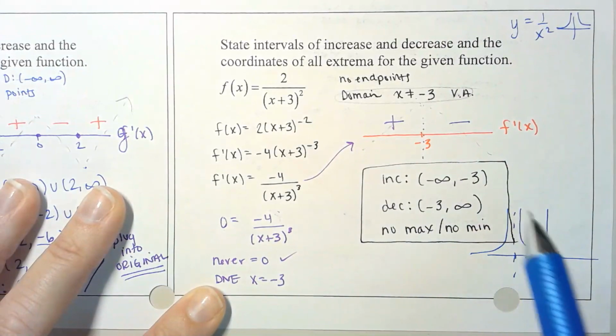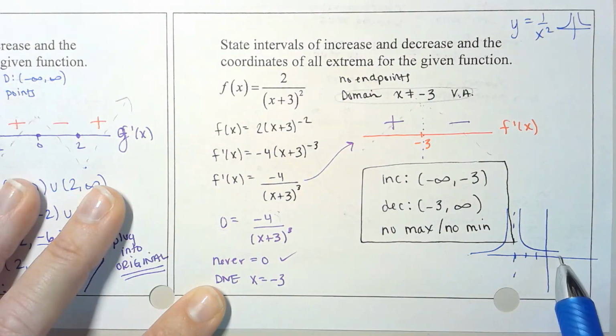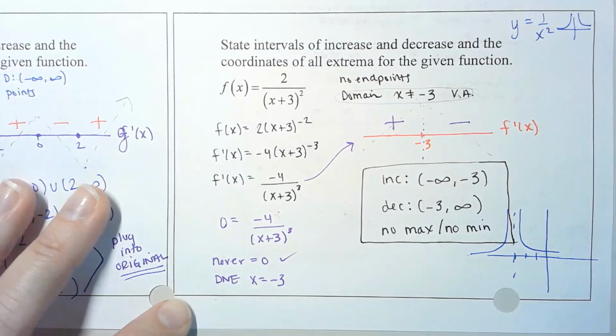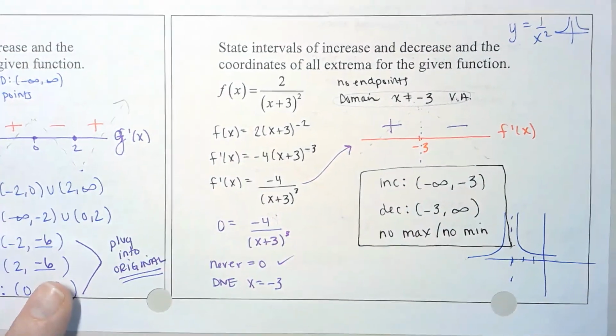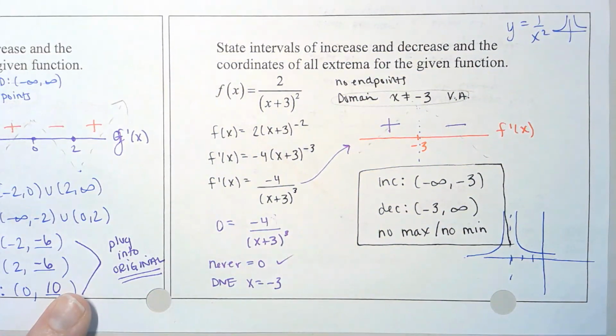Right? This graph has no max, no min. It is increasing and then decreasing. Okay. So again, if that's something we knew what it looked like from the beginning, we certainly didn't need to do all of this, but I like showing you how it ties in.